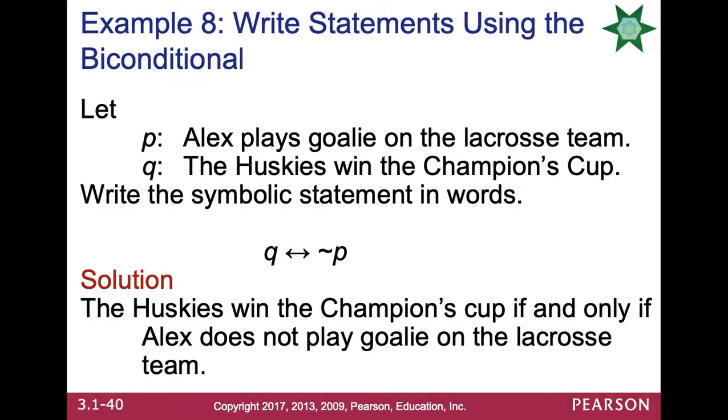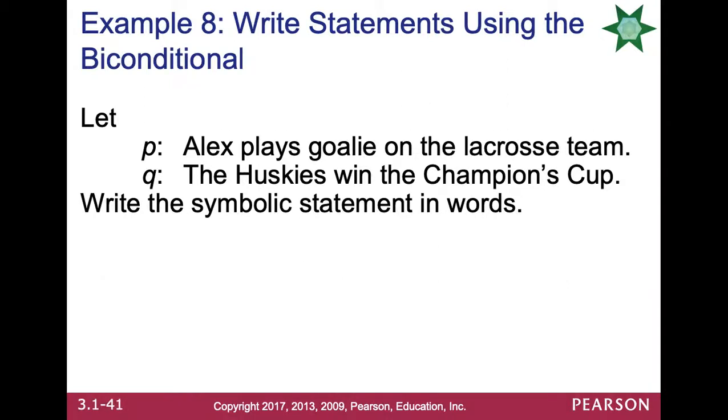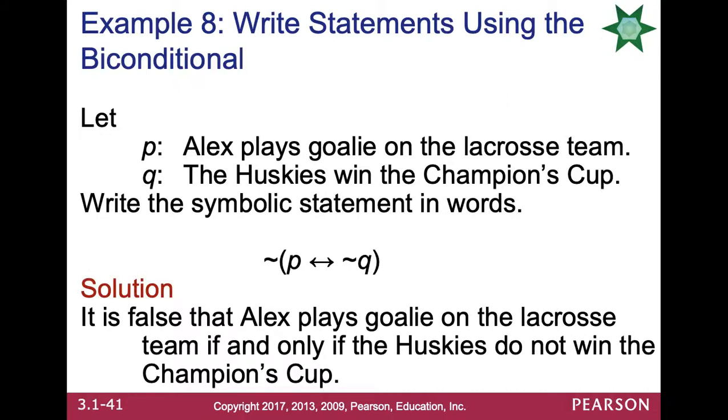The last example is the negation of the group. The negation of P if and only if not Q. So let's do that. Not P if and only if Q. That can be, it is false that Alex plays goalie on the lacrosse team if and only if the Huskies do not win the Champions Cup.